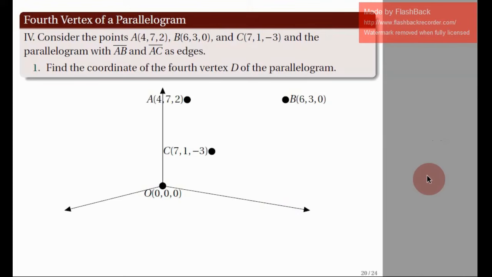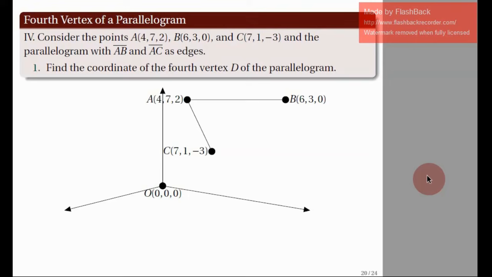Again, another disclaimer that these are not the precise representations of our points, but we just use this as a guide to attack this problem. Okay, so these are our points, and it says here that we are to consider segment AB and segment AC as edges. So let's do that.